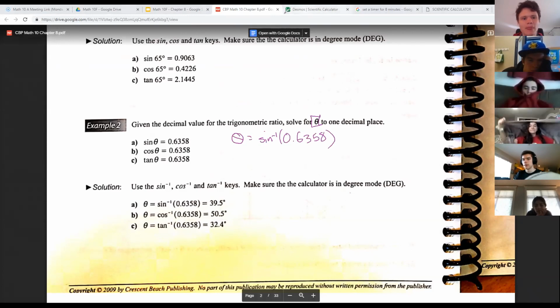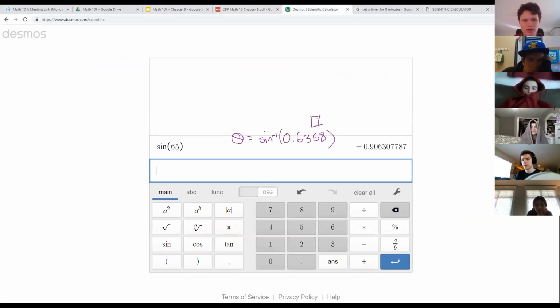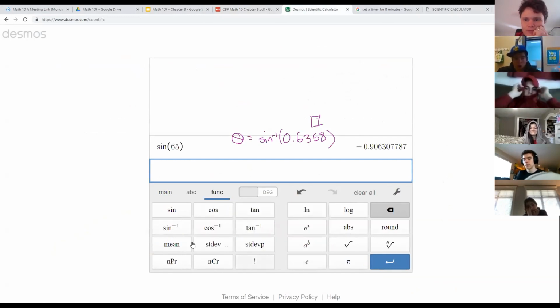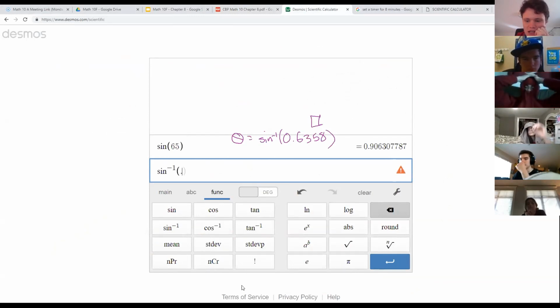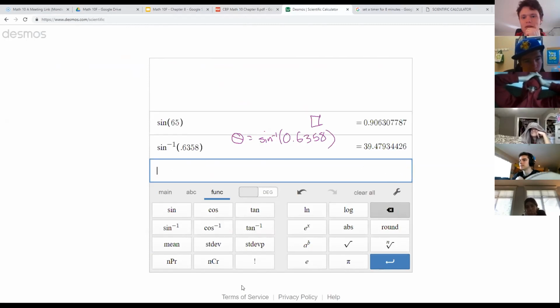So I'm going to put that down here. And on our Desmos calculator, you might not see it right away, but what you may need to do is go to function. You do inverse sine, and then you go 0.6358. And we get an angle of about 39.5.